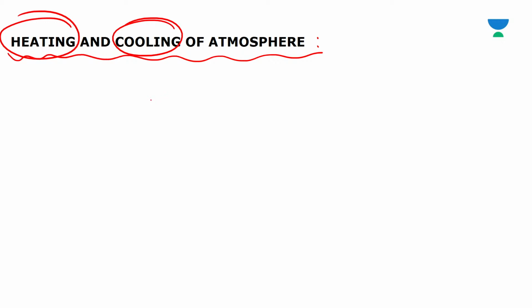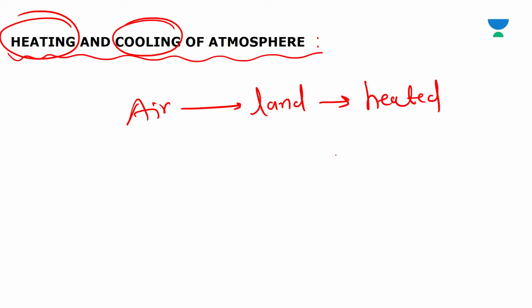Now the air in contact with the land gets heated slowly, and upper layers in contact with lower layers also get heated.